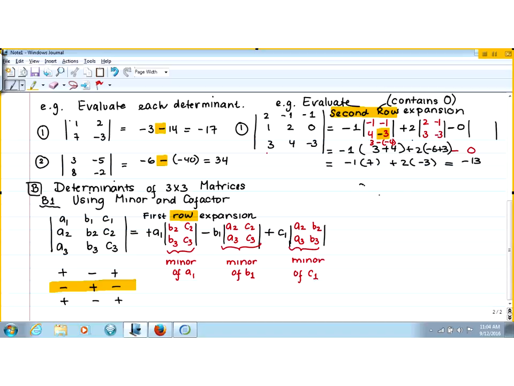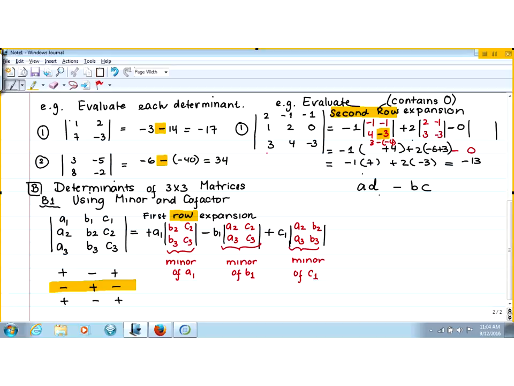Yes, this is multiplication. Negative 1 times negative 3. So it is AD minus BC, right? So this diagonal we multiply, negative 1 times negative 3. That's your AD. AD is A times D. So negative 1 times negative 3 is positive 3. Minus BC. What is BC?